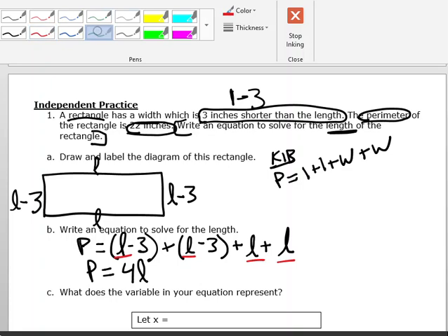I can combine those, and then I can combine these two negative 3's right here. So P is equal to 4L minus 6.